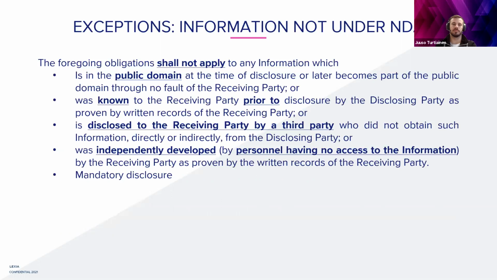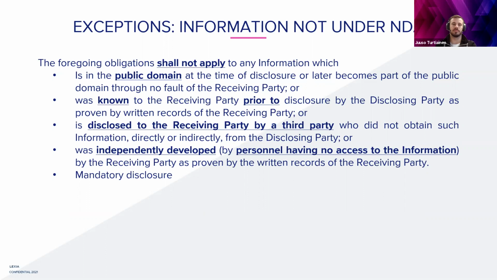So, exceptions to confidentiality. These aren't, of course, the first thing that comes to mind, but there are situations where confidential information should be seen as not under the NDA. So, for example, in situations where information that's being shared is in the public domain, essentially that it's already been publicized, thus not covered by the NDA.